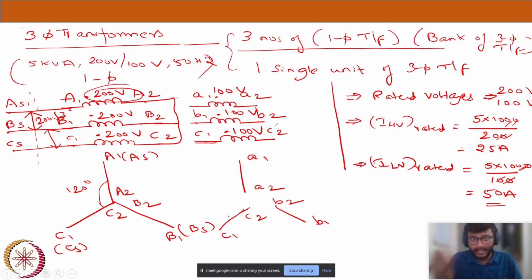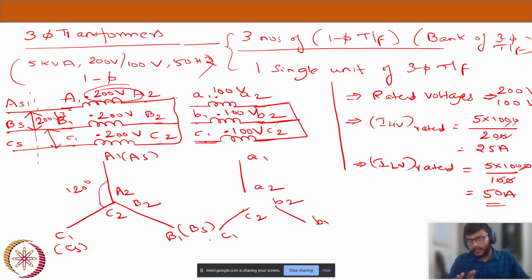Now I haven't made any connection, but even before connection, I can say how my secondary phasors would look. Now on the secondary side, let me short these three. Now I have shorted A2, B2, and C2.